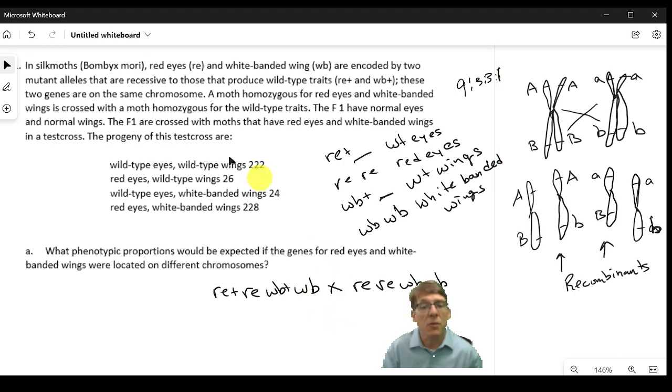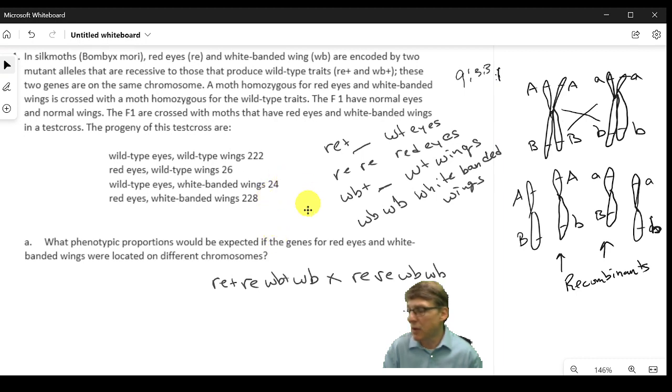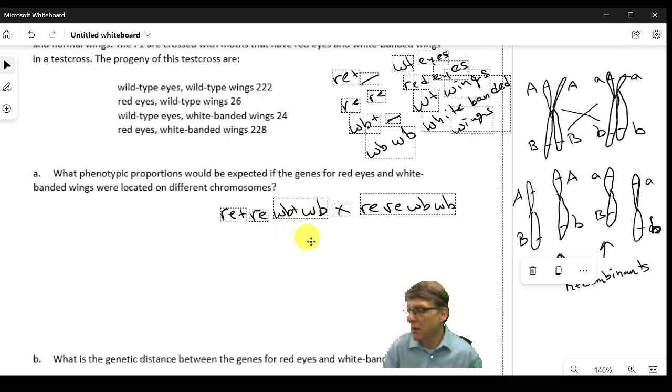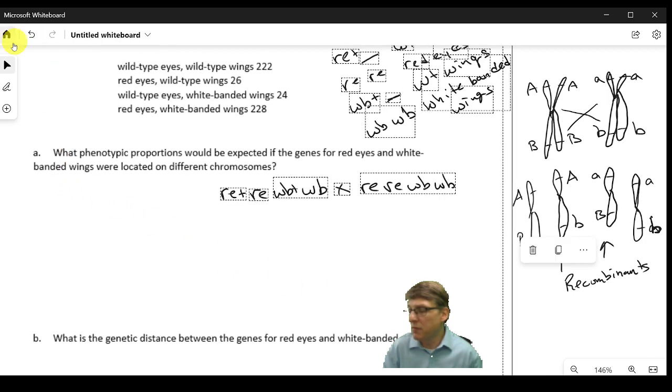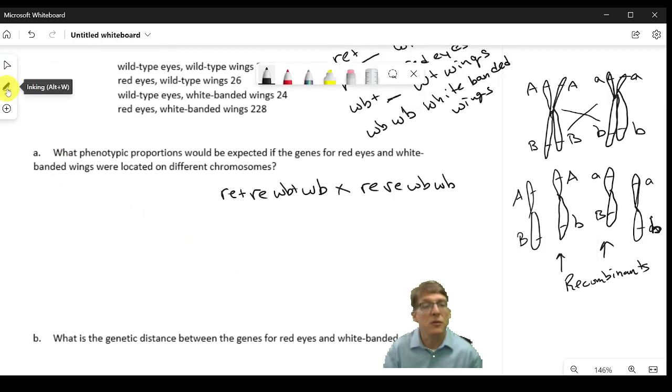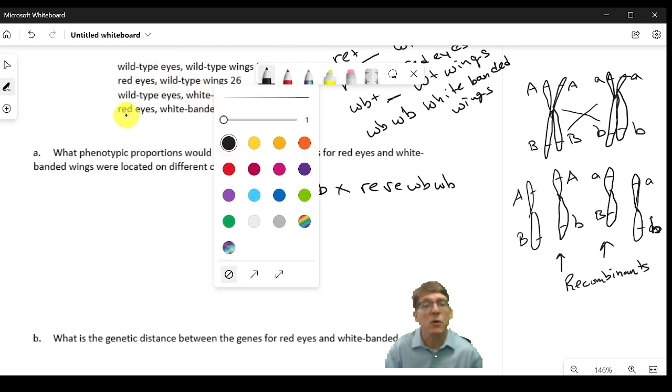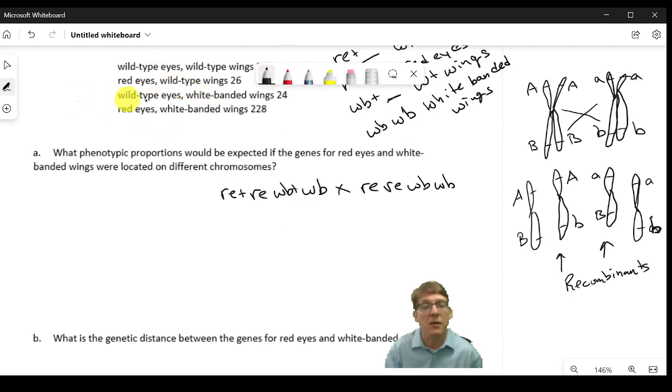And the first problem that we're asked is, if these traits were independently assorting, what would the phenotypic proportions be? So what we're looking at is what ratio of offspring would we expect if they were independently assorting?